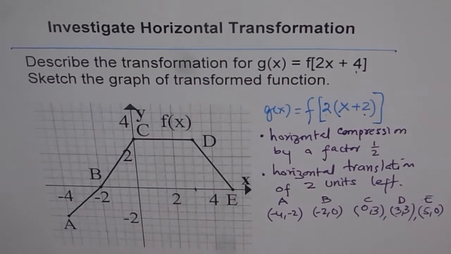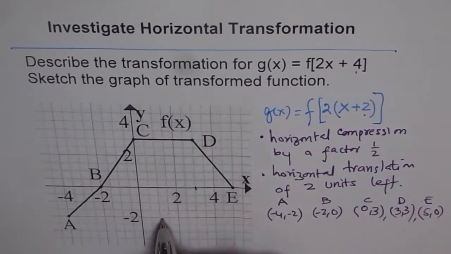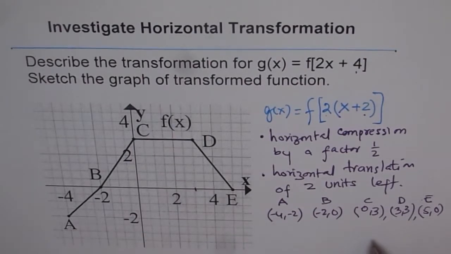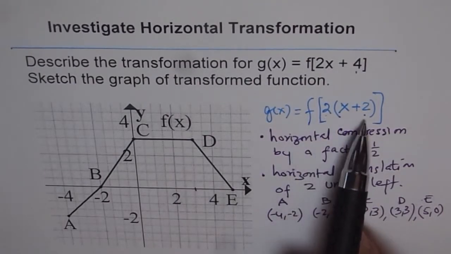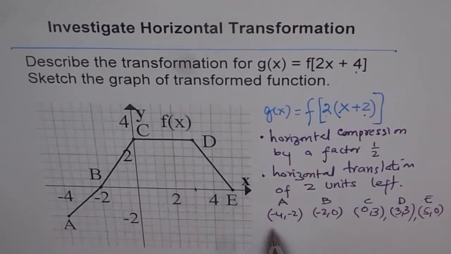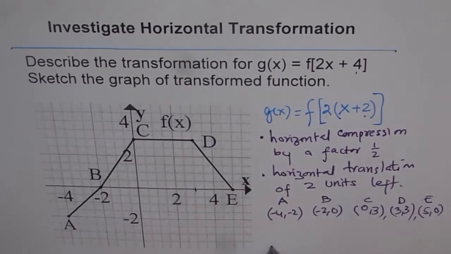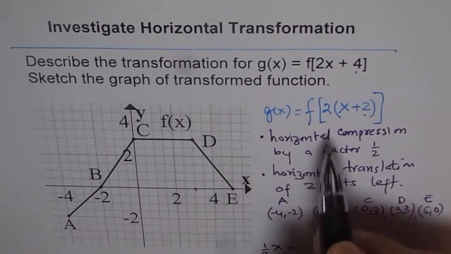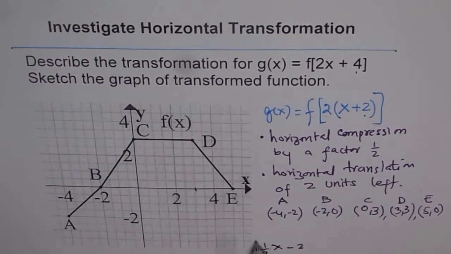And now see how the transformed points are changing. As per this transformation, every xy point will get transformed by the rule. Let me write down the rule: x values will get halved and then minus 2. So that happens to the x values.